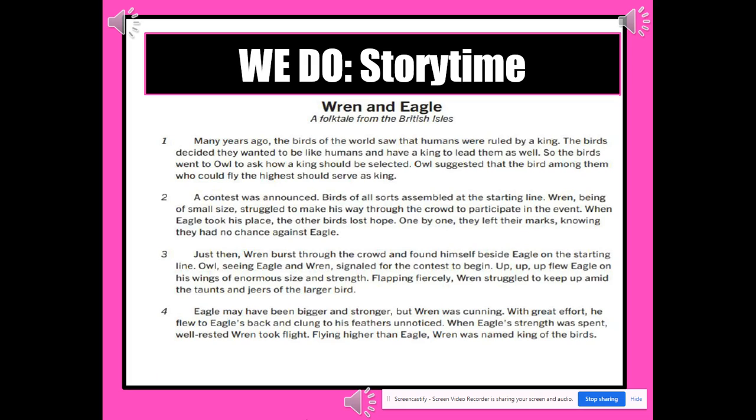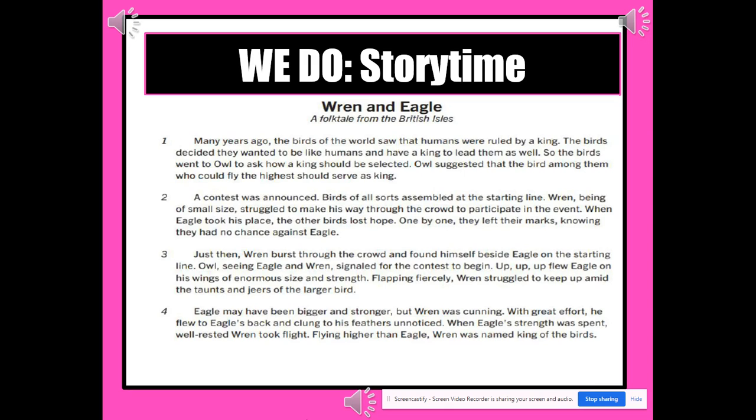Owl, seeing Eagle and Wren, signaled for the contest to begin. Up, up, up flew Eagle on his wings of enormous strength and size. Flapping fiercely, Wren struggled to keep up amid the taunts and jeers of the larger bird. Eagle may have been bigger and stronger, but Wren was cunning.